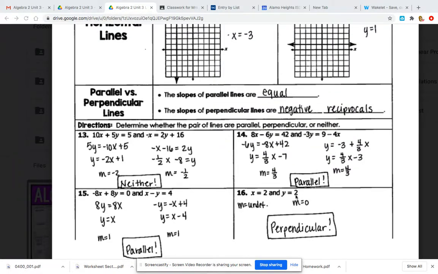And what I remember about horizontal is it has a z in it, and 0 has a z in it. And so horizontal lines have a 0 slope. Even though one of them is undefined, it actually is an opposite reciprocal. And so even though this one's undefined and this one's 0, they are perpendicular to each other.